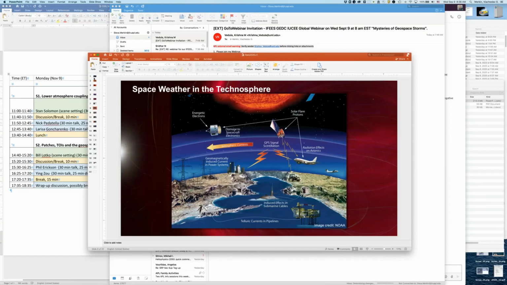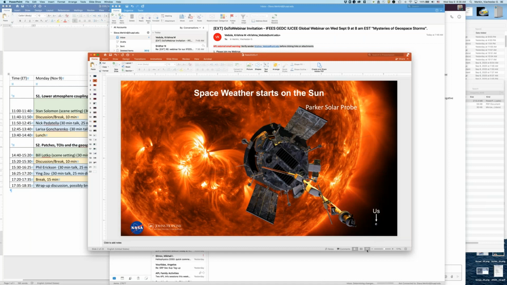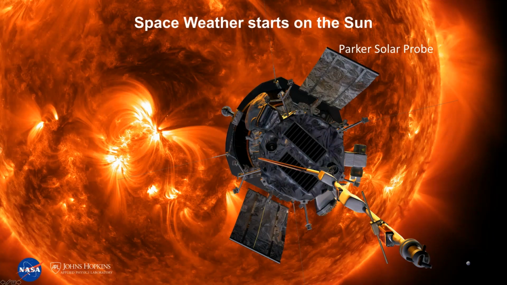I'm afraid I might not be able to give you a distance in kilometers, but the Parker Solar Probe is the first ever human object that made it this close, and I think it was something like, I don't want to make a mistake, I think it was 0.1 astronomical unit, which is about 20 solar radii or so, and one solar radius is 700,000 kilometers. So you do the math.